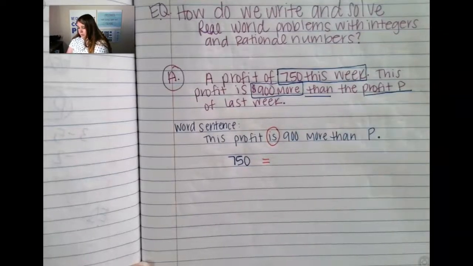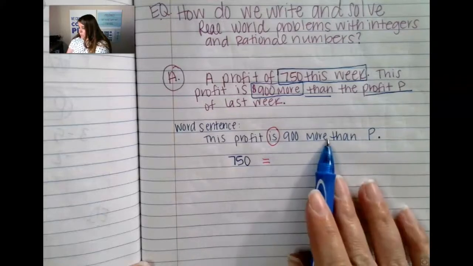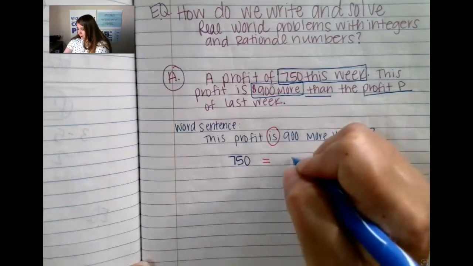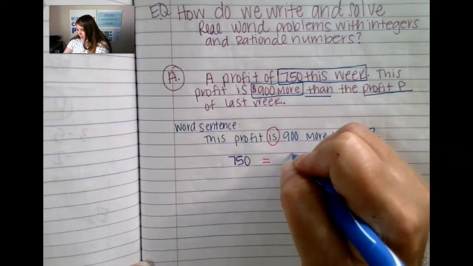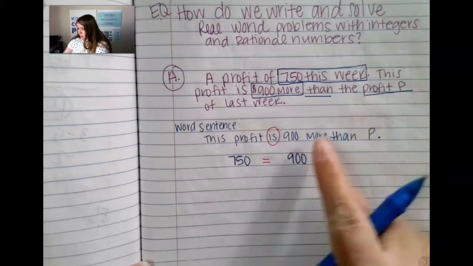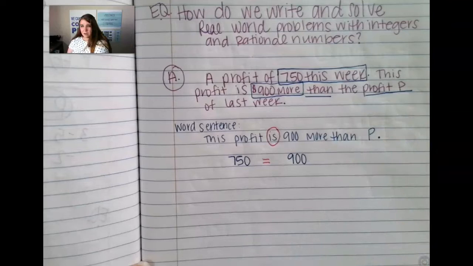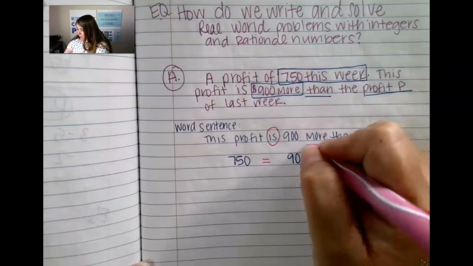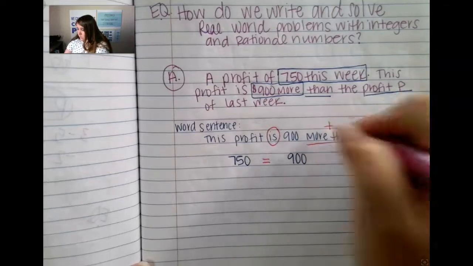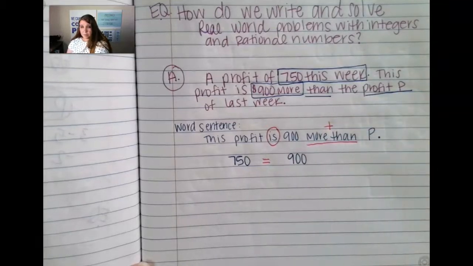So 750 is equal to 900 more than P. More than tells us that we need to add, so this is addition.